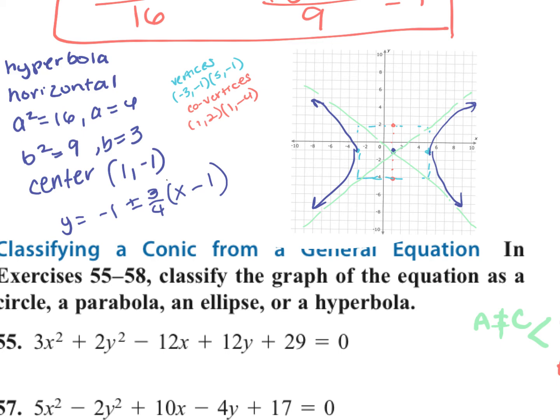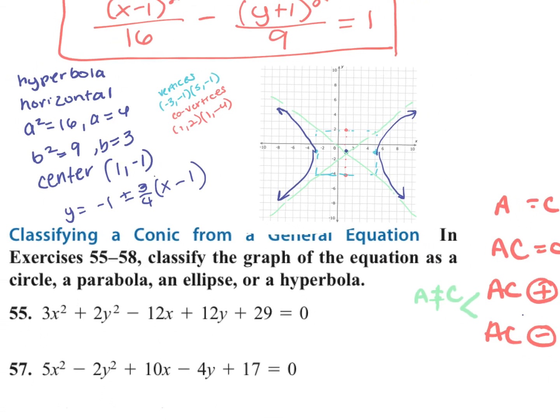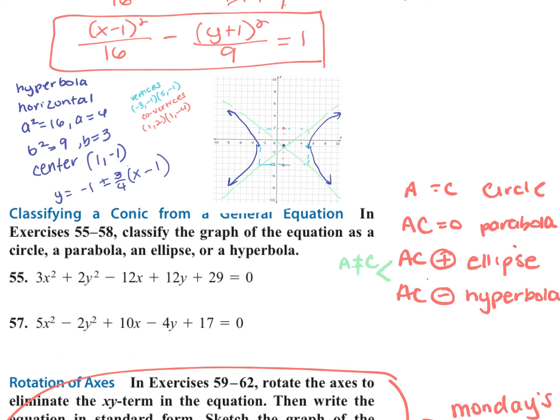And then the last thing I need to find is my foci. So c squared equals a squared plus b squared, because this is a hyperbola. C squared equals 16 plus 9. C squared equals 25. C would equal the square root of 25, which is 5.